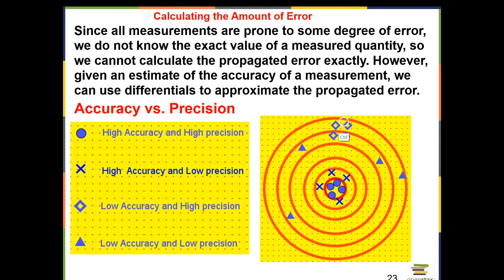Well, you're away from the target, obviously, so accuracy is pretty low, but your precision is good because they're all around the same place. So you have good precision, but the accuracy is off. And then with the triangular shape points here, you don't have good accuracy and you don't have good precision, right? So that's the idea of accuracy versus precision.